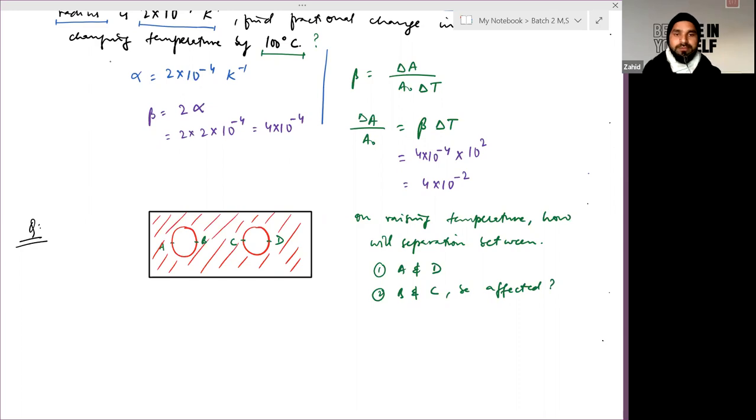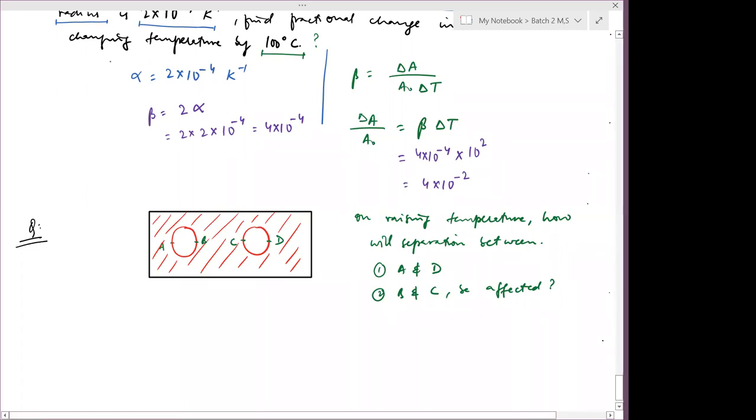Sakshi, any clue what will happen? No, sir. Samaira?